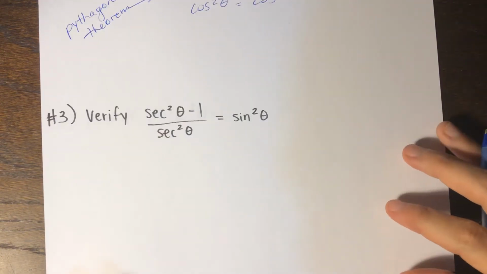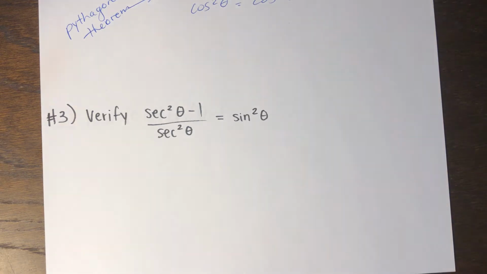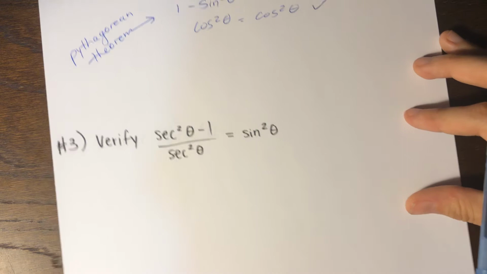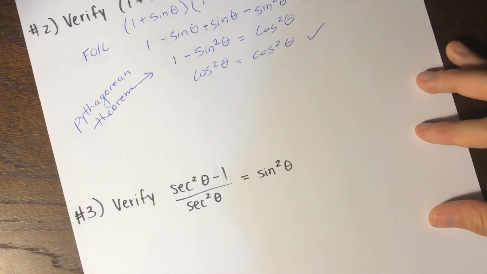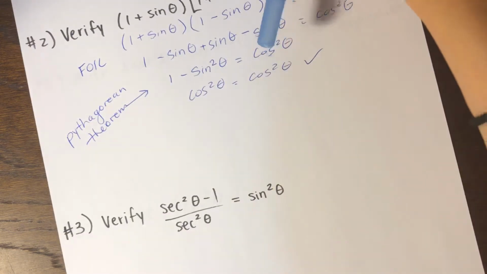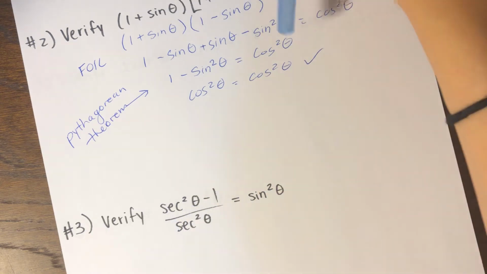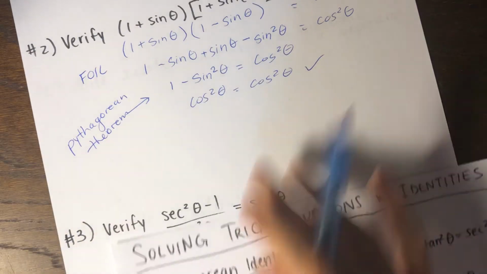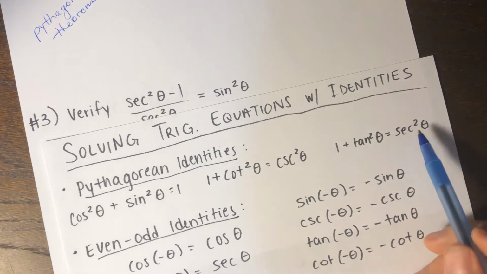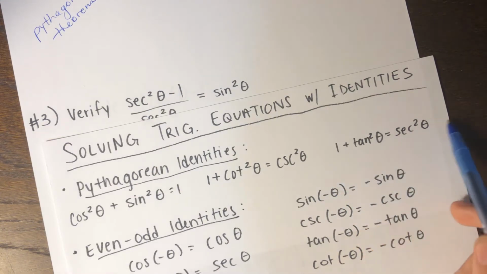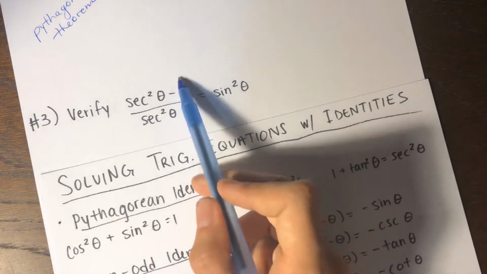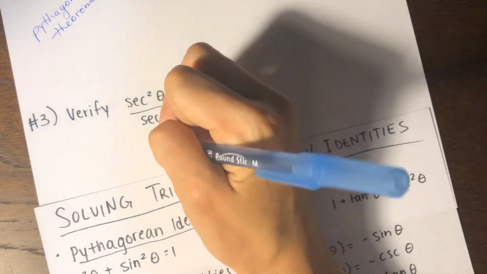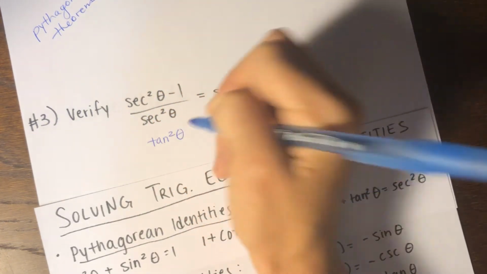Next one, we need to verify that secant squared of theta minus 1 over secant squared of theta is equal to sine squared of theta. According to the Pythagorean identity, if I subtract the 1 over here, this whole term is going to be equal to tan squared of theta.